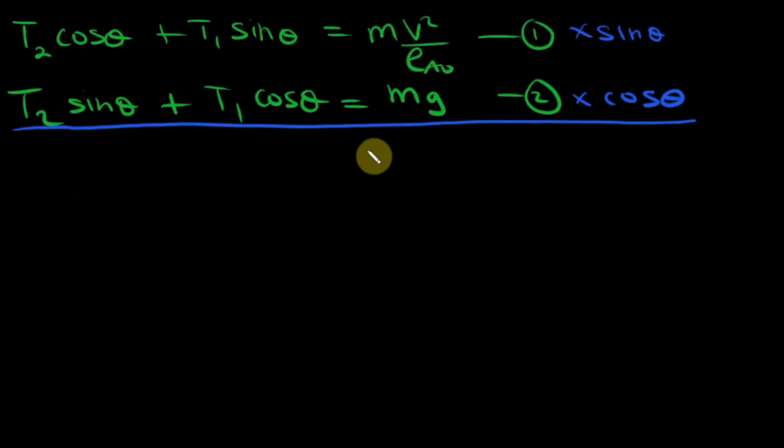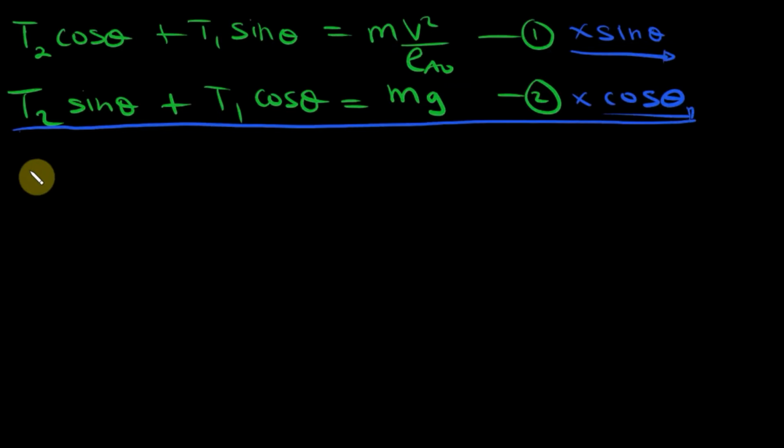What I mean by that is, in our previous operation, we multiplied equation 1 with cos theta, and we multiplied equation 2 with sine theta. Now what we are doing is the opposite of that. We're now multiplying equation 1 by sine theta and equation 2 by cos theta. Okay, cool.